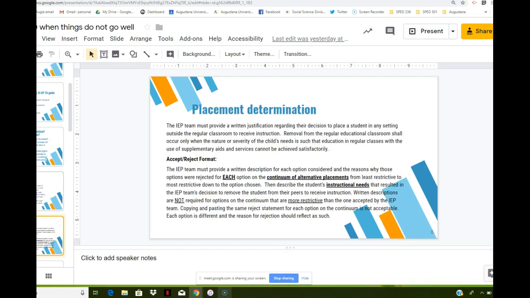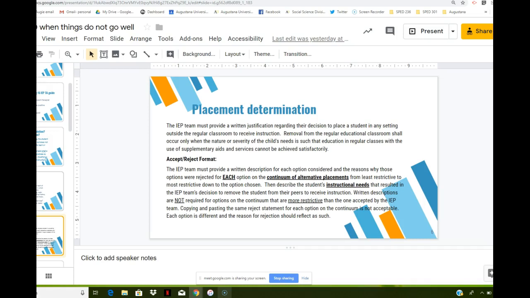Okay, placement determination. This is another thing I just want to remind you about. You remember the continuum of alternative placements, with the general classroom at the top, our least restrictive setting. We work our way down the continuum. We use an accept-reject model. And we talk in the IEP as a team about why each placement is either rejected, or if we're ready to accept, we say why we accept the placement.